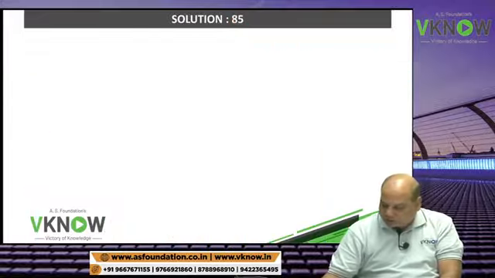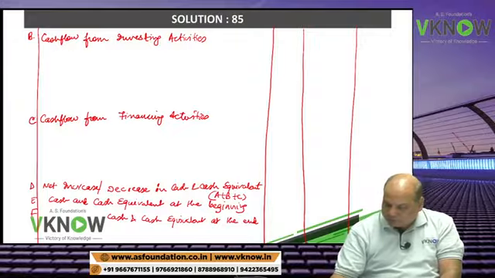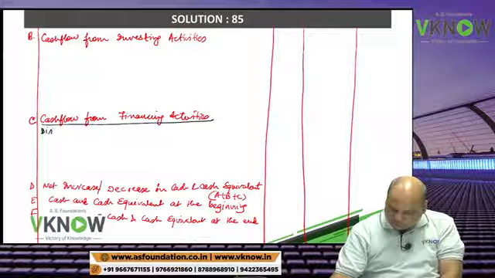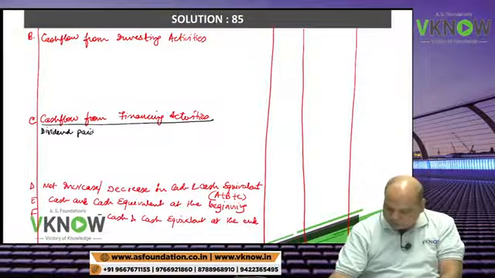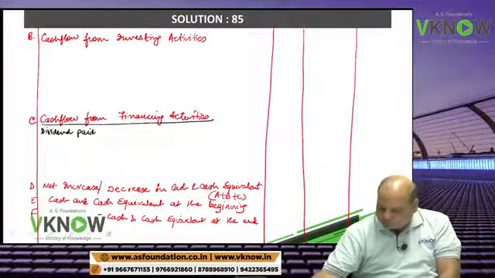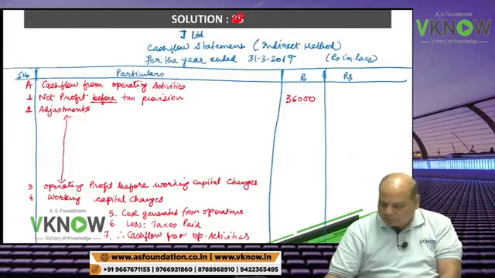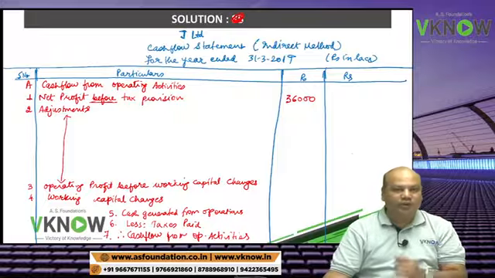Dividend paid is a financing activity, point number C. Dividend paid, everything in the first column, 10,202 in bracket. Then income tax paid will come to cash flow from operating activity.